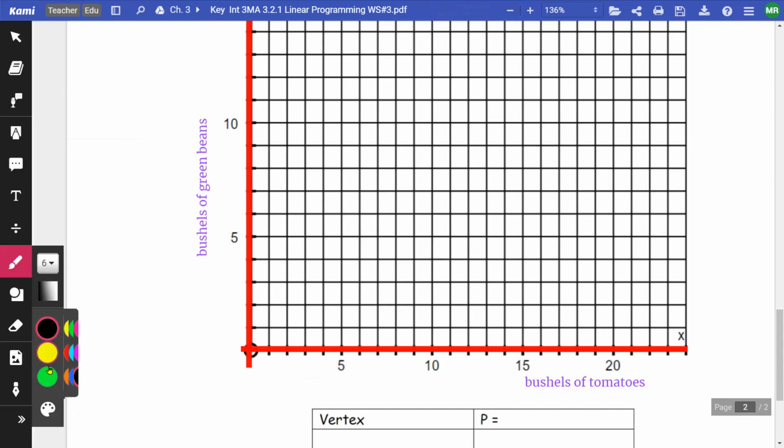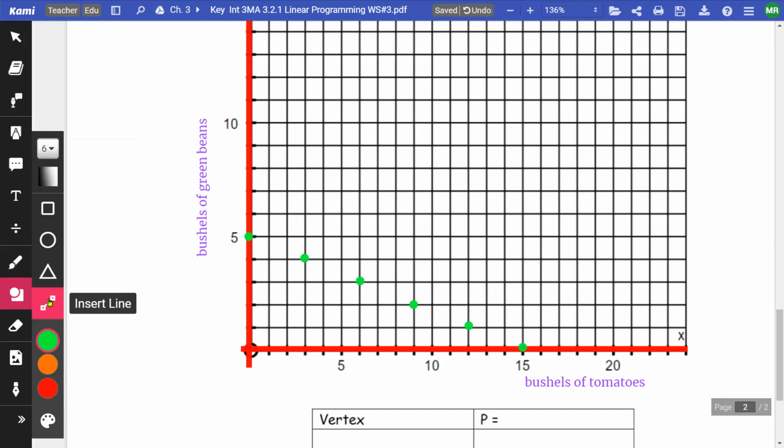Start at 5 and go down 1/3, down 1/3, down 1/3, down 1/3, down 1/3. And then I'm going to connect this with a line. And I'm going to be shading beneath this.